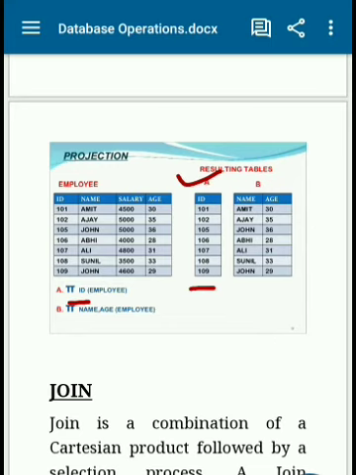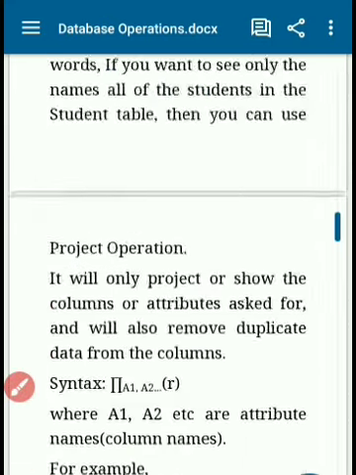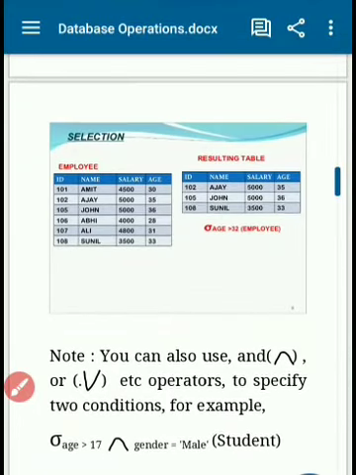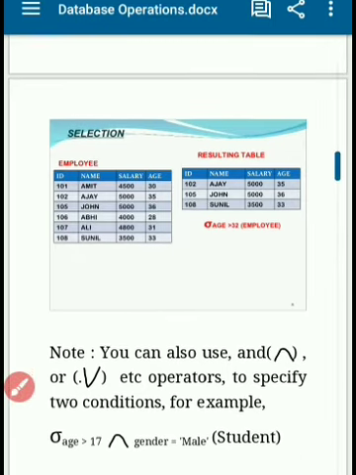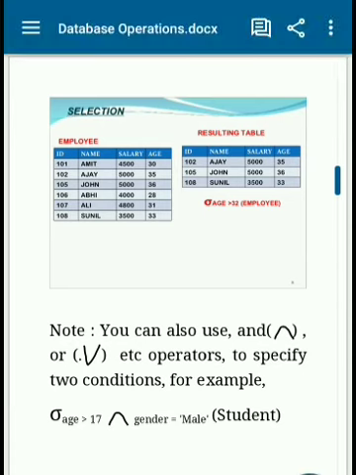And here, name and age of employee. This is another use of the projection operation; mind it very carefully. In this selection operation on the employee table, the resulting table gives us this.